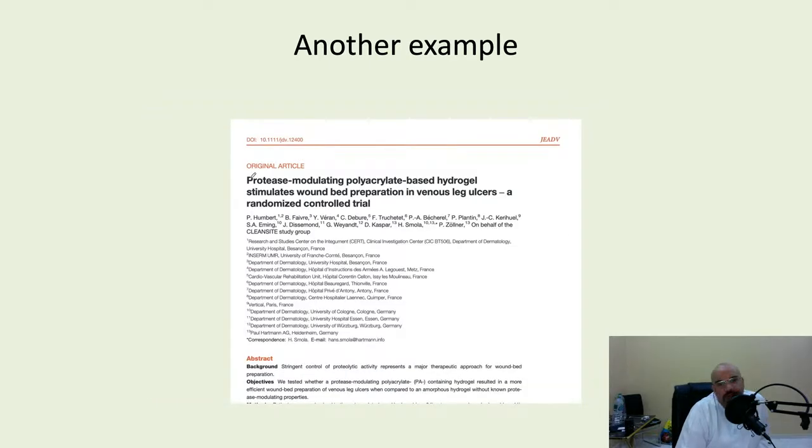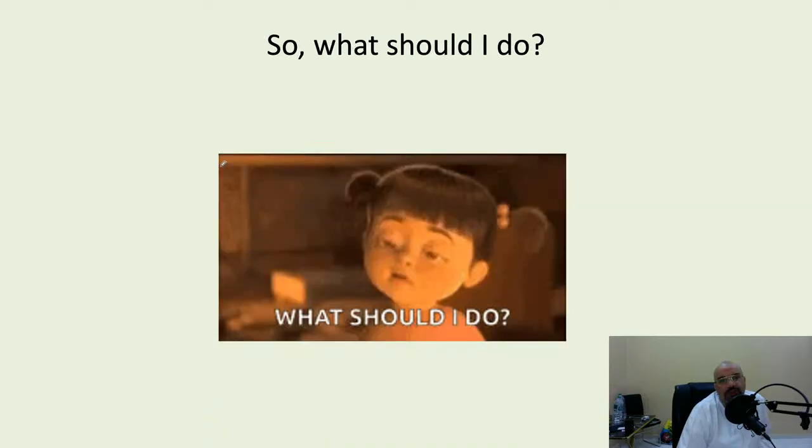There is also another product, a protease modulating polysaccharide-based hydrogel, which is hydrogel with some enzymatic components added to it. And when will I go for this one, why should I go for this one, not the normal hydrogel? This is what we are going to discover. I know the amount of information that you heard today may be a little confusing or hard to digest in one day.